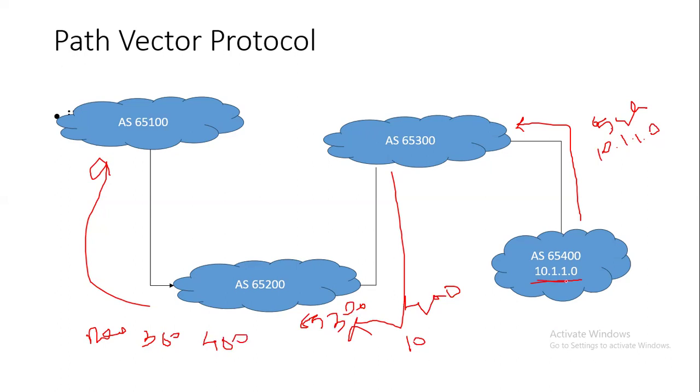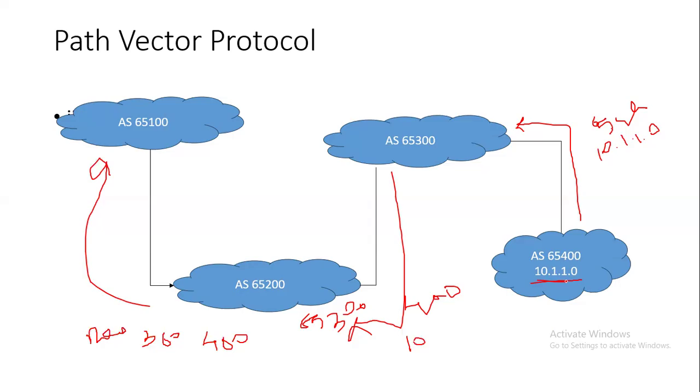That means they follow the path along with the information of which router it came from. That is the concept of the path vector protocol.